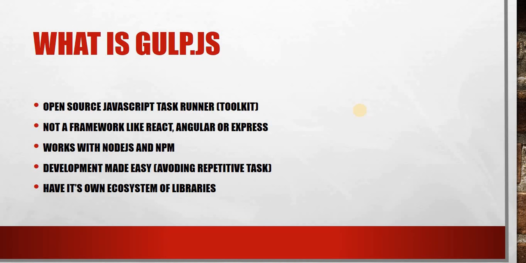Another basic point and advantage of Gulp.js is that it is a development made easy task runner. That means it helps to avoid repetitive tasks. What you know you are going to repeat down the line while you code, you can just put in a single function, and it will help us run the task. And the last point here is that Gulp has its own ecosystem of libraries.